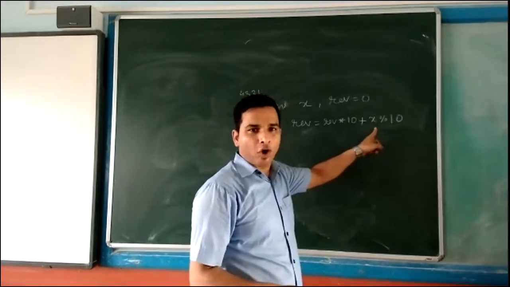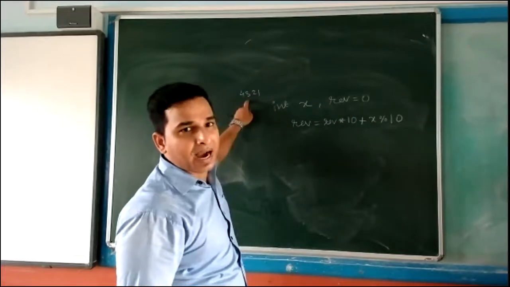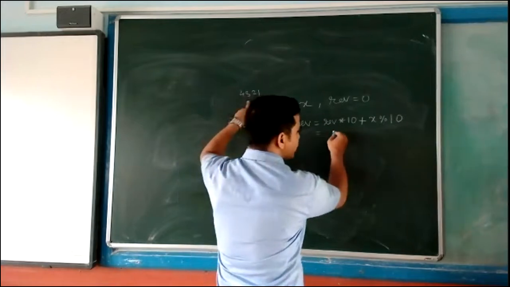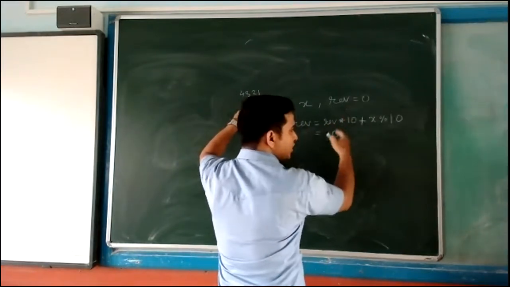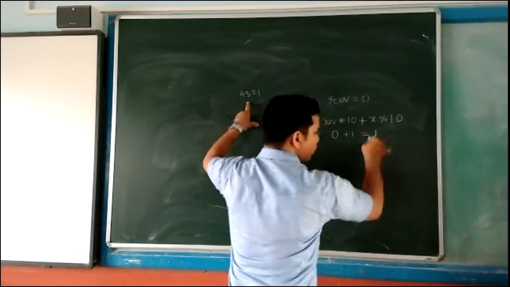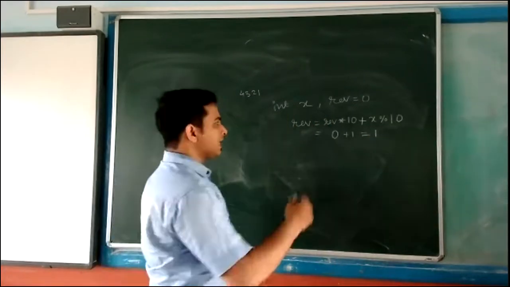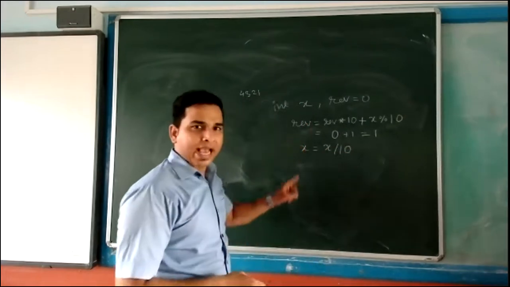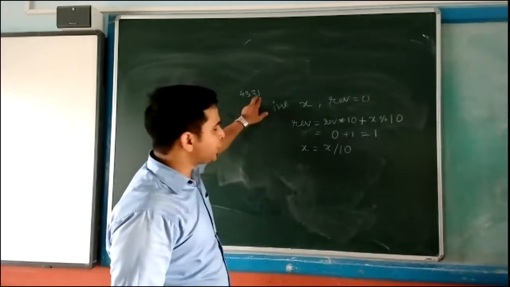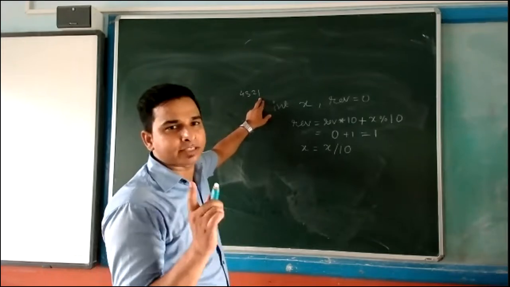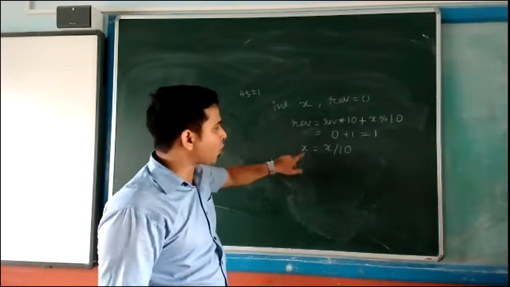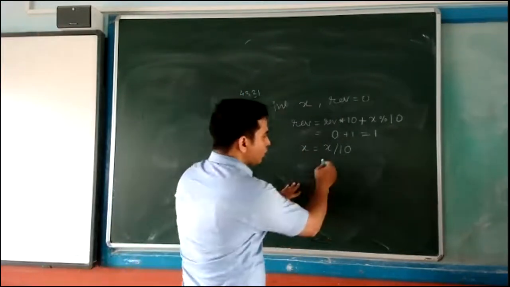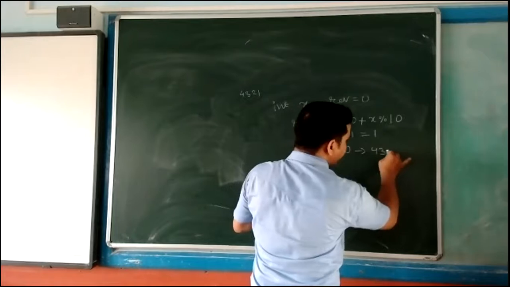What the system is going to perform: it will divide 4321 by 10 and calculate the remainder. The remainder will be 1. So reverse is 0 into 10, plus 1, so the value is 1. After that, next step, x equal to x divided by 10. x is of integer type, so 4321 divided by 10 is 432.1, and the .1 is sliced off because x is an integer. It will save only the whole number value. So here the value of x is 432.